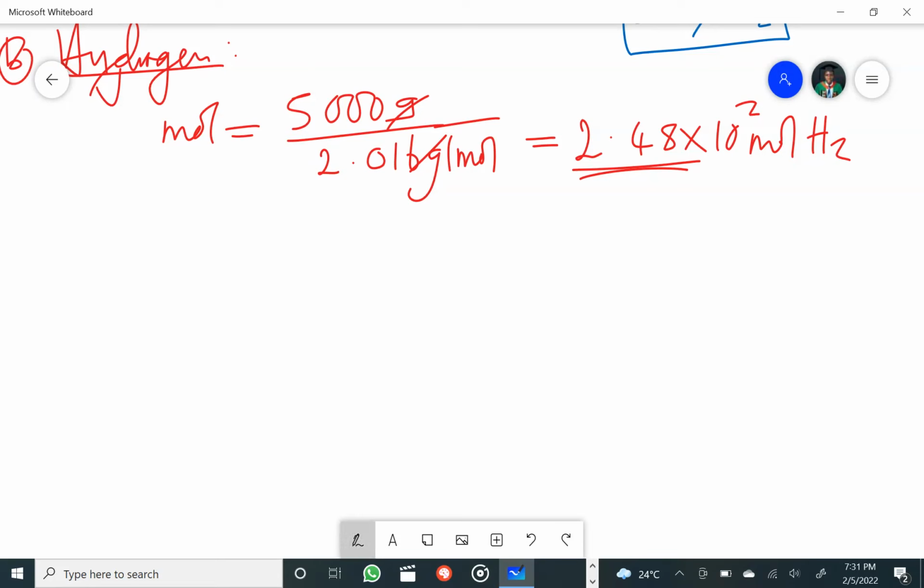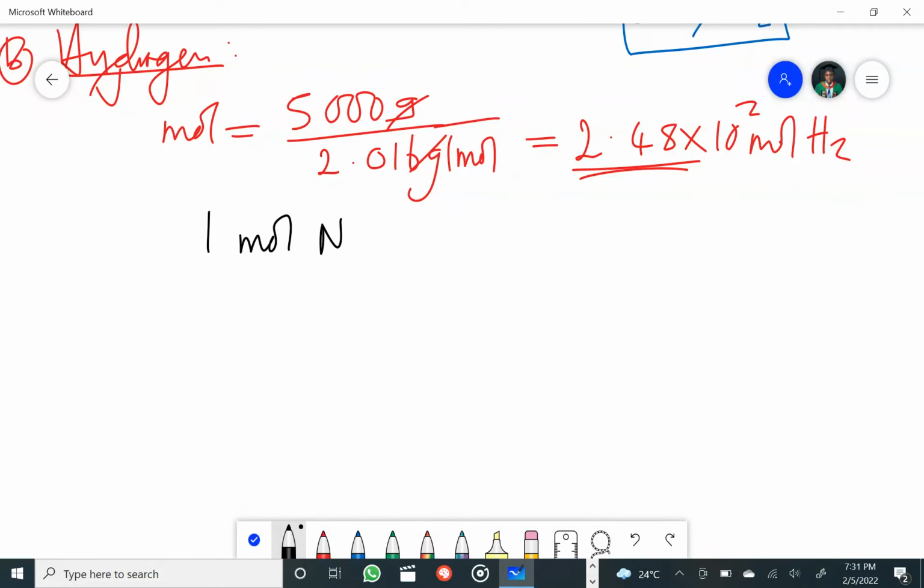We know it's 1 mole of nitrogen to 3 moles of hydrogen, isn't it? So what we're going to do is get the moles of nitrogen, and then figure out how many moles of hydrogen are required in order for the reaction to take place.